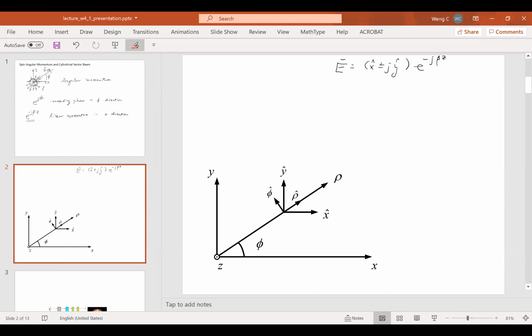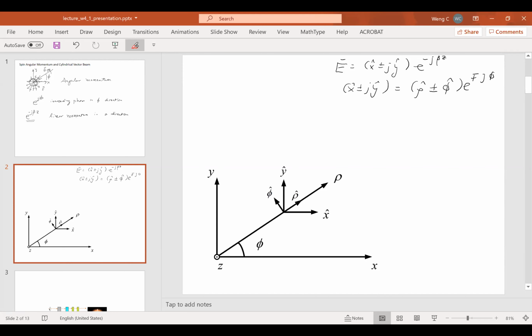And then we can actually write x hat plus or minus j y hat as being the same as rho hat plus or minus phi hat, e to the minus or plus j phi.